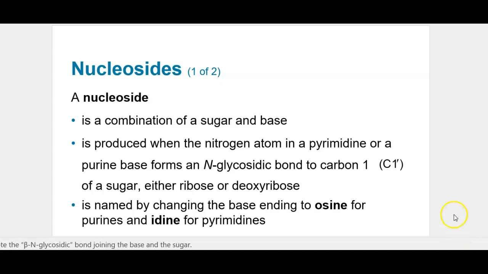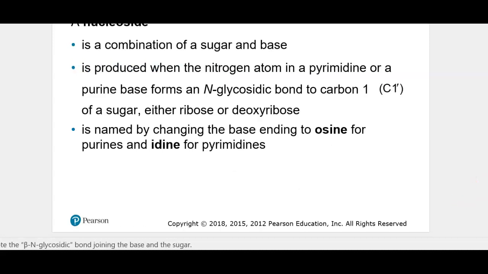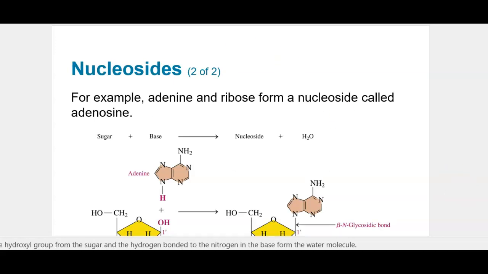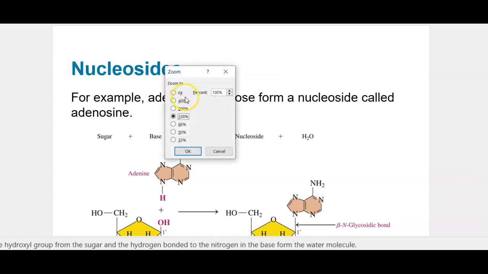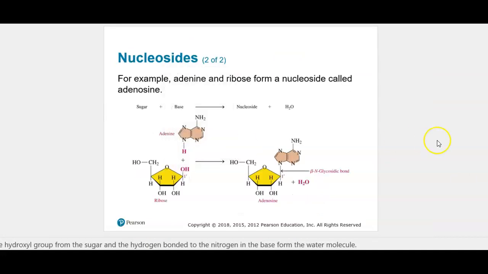And to get the name, you take the base and change the ending to -osine for purines, and -idine for pyrimidines. So we'll see how that works here. Let me zoom back. Here's the adenine.